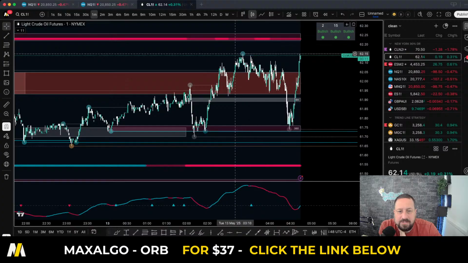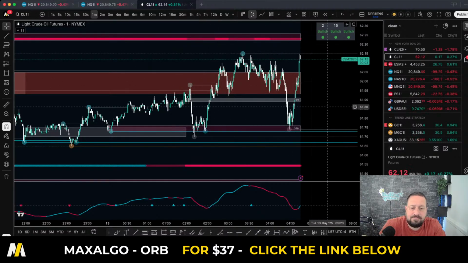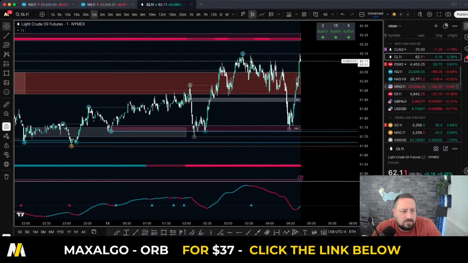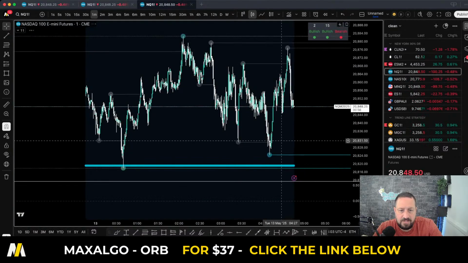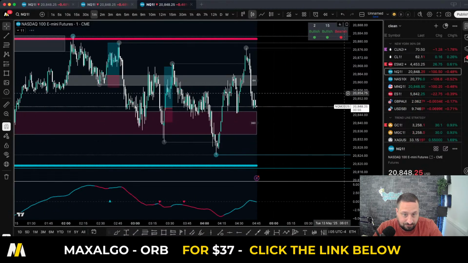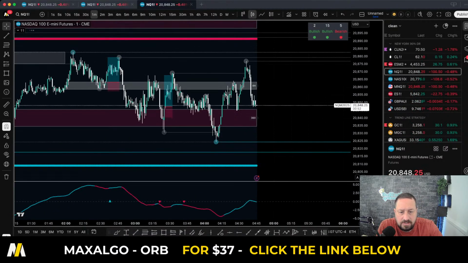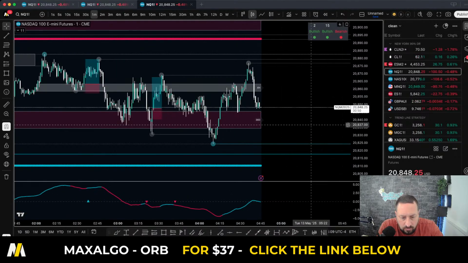Structure's bullish as well, so here's the high, here's the low. You can see that we still line up perfectly. I don't tend to trade CL that much now, just because I'm not on the charts as much, mainly just focused on gold and NQ. If I get a sec.